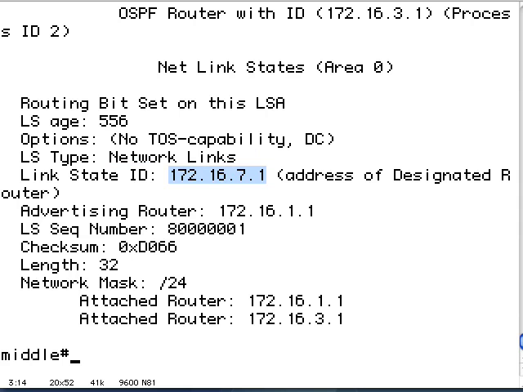I'm sorry, that's the link state ID of the designated router. I have the advertising router, which is 172.16.1.1. I have a sequence number, which is 80,000,001. Remember, this is a new LSA. It's different than the router LSA above, so it started counting at 80,000,001. It has a checksum. It has a network mask, and it says 2 routers are connected to the network.